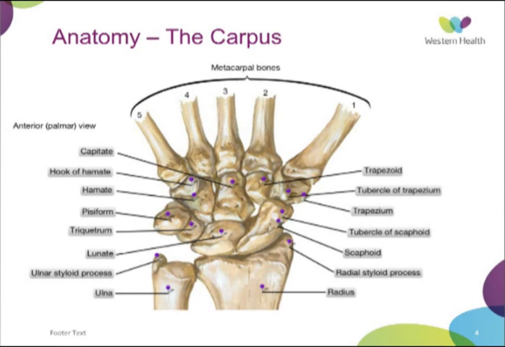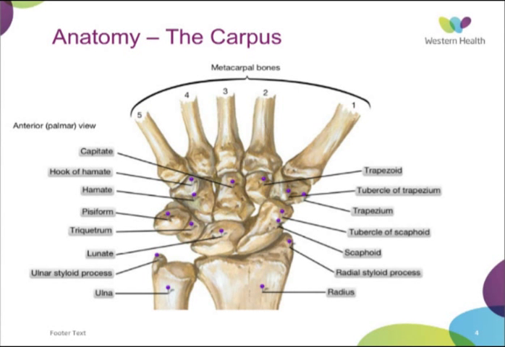To understand the significance of scaphoid fractures, I think we should talk about the anatomy and the importance of the anatomy of the scaphoid. I guess mainly for the medical students. The carpus consists of 8 bones. There's a proximal row and a distal row.